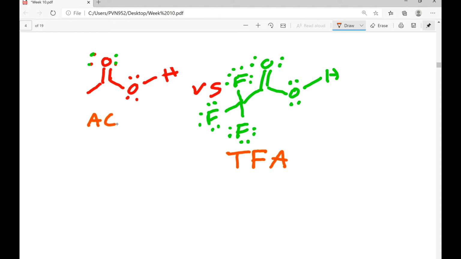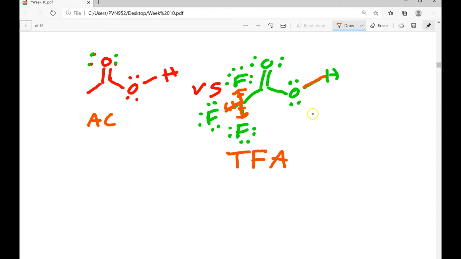So why is that? Well, one way we could think about this is the inductive effect. So the fluorines are all sort of pulling on this carbon right here. They're pulling away electron density, and that inductive effect is felt throughout the molecule, and what that's doing is actually weakening this OH bond right here.